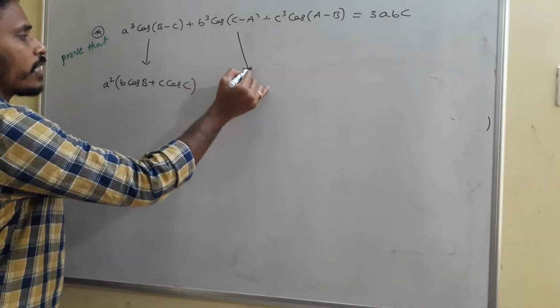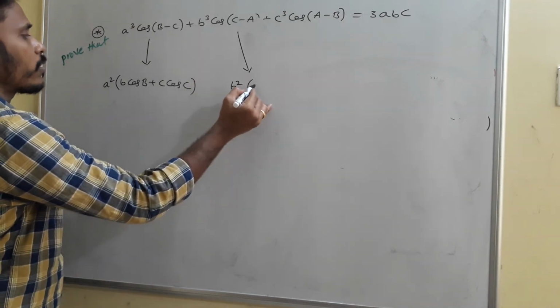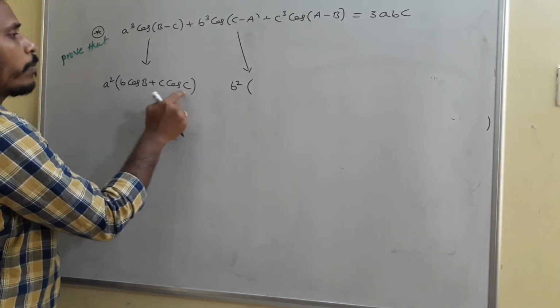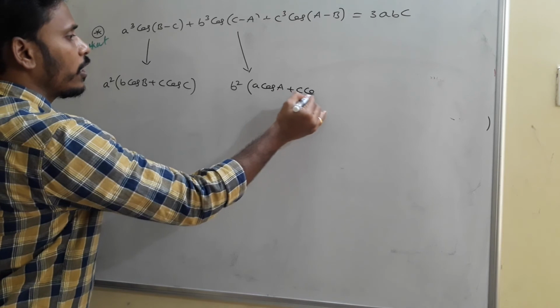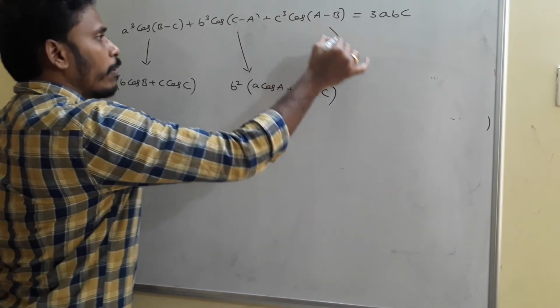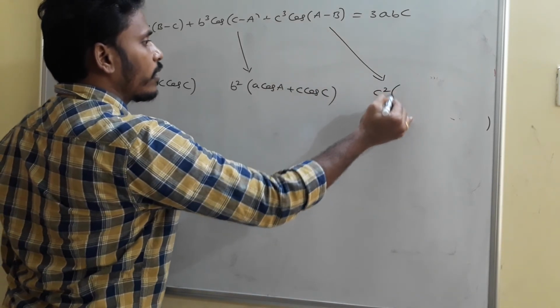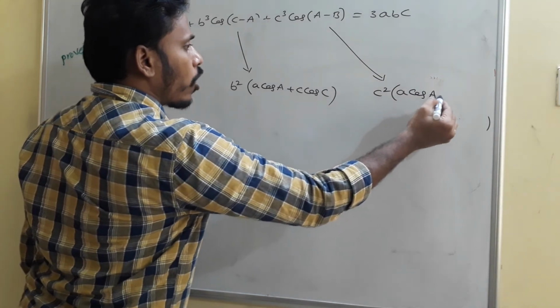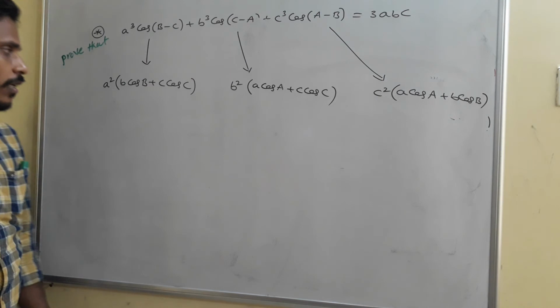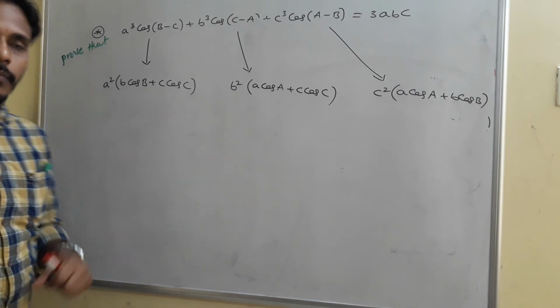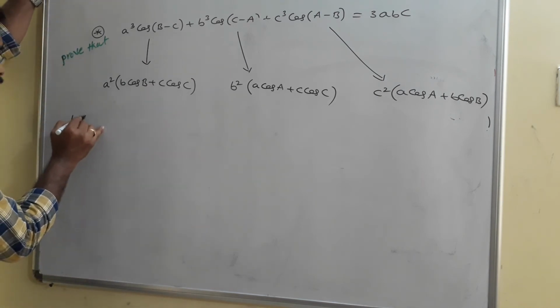Similarly, if you simplify the second term, we will get b square of (a cos A plus c cos C). And if you simplify the third term, you will get c square of (a cos A plus b cos B). Okay, just look there: first term, second term, third term. And now what do you say about the left side?